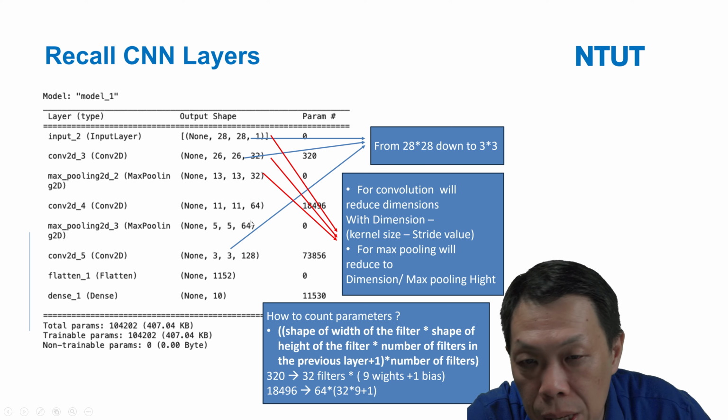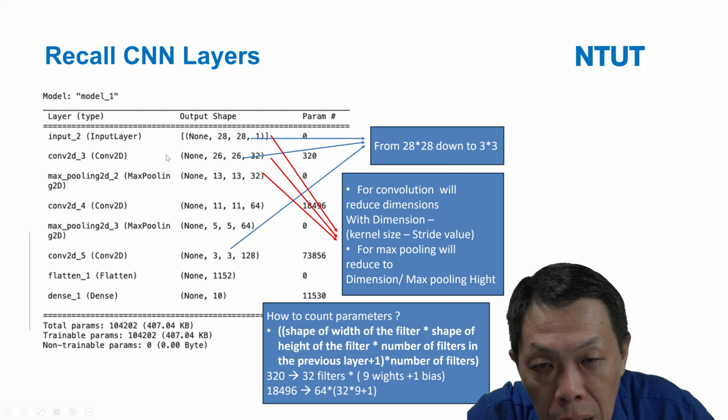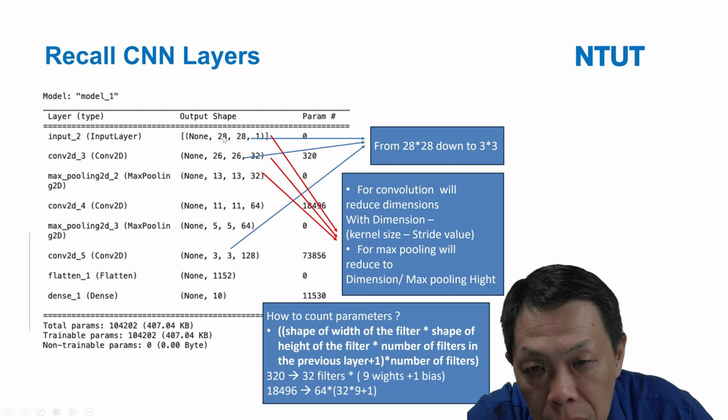So here is the outcome we just saw after we ran the model summary. You can see originally we have 28 by 28. After the first convolution it becomes 26 by 26.